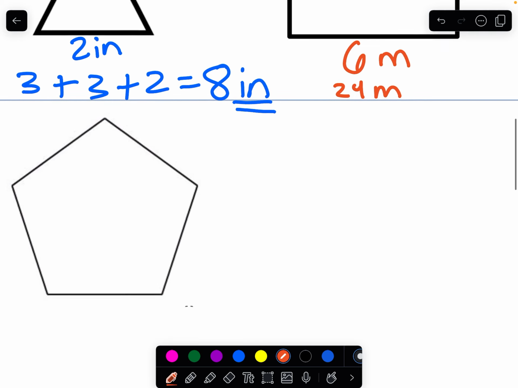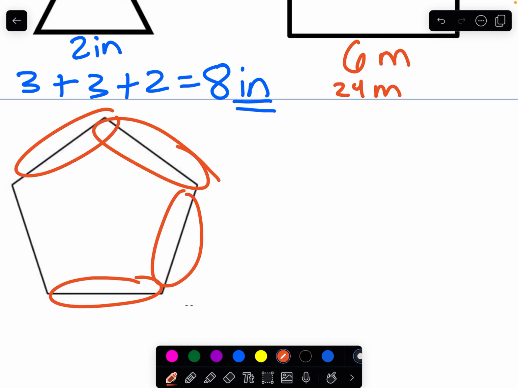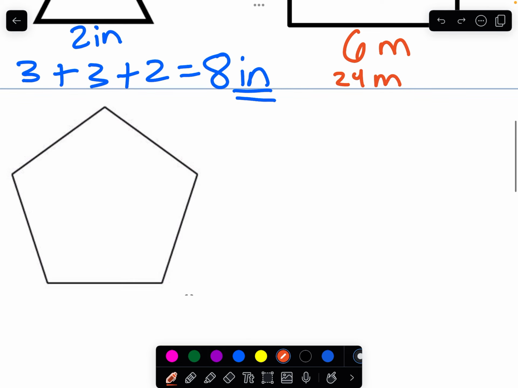You can really take any shape here. We've got a pentagon. A pentagon, if you recall, has 5 sides. So 1, 2, 3, 4, 5. Let's pretend each side is 5 inches.